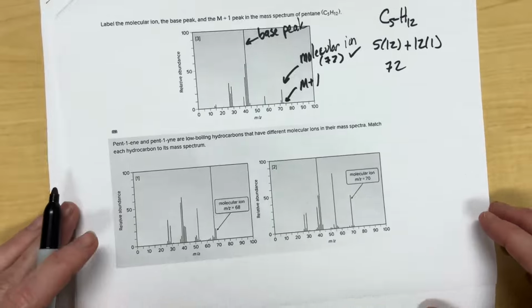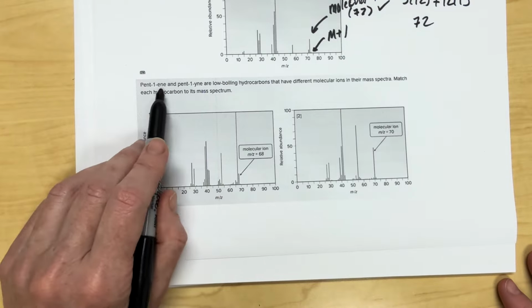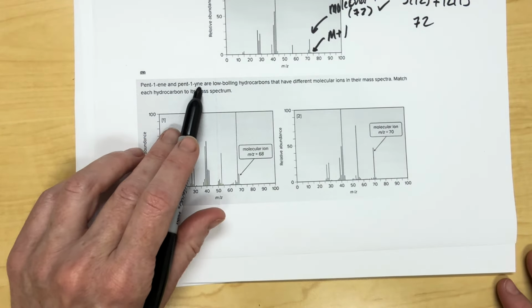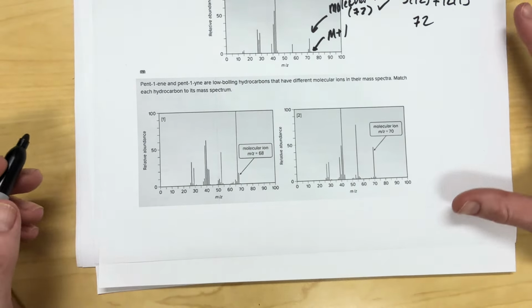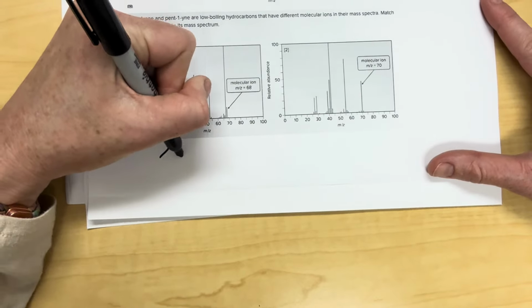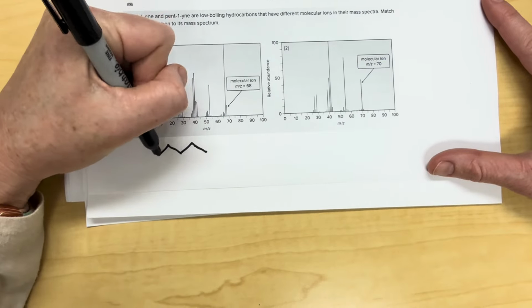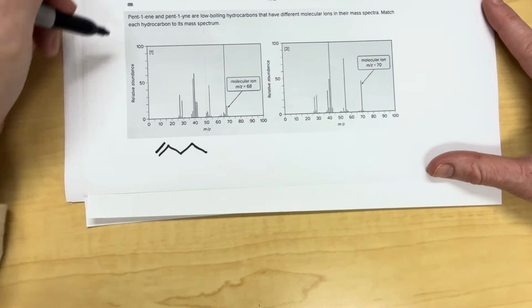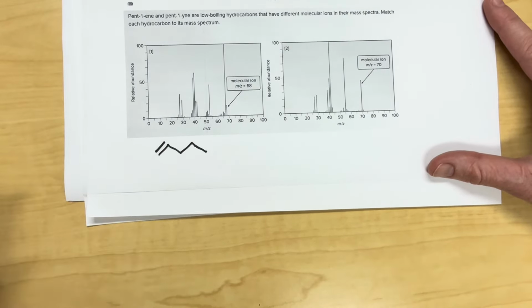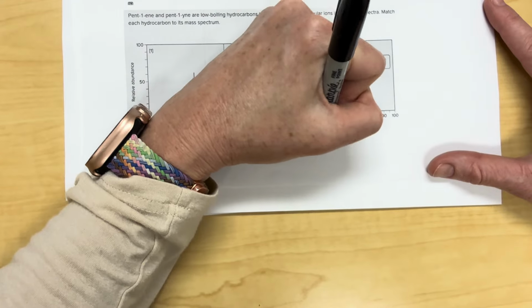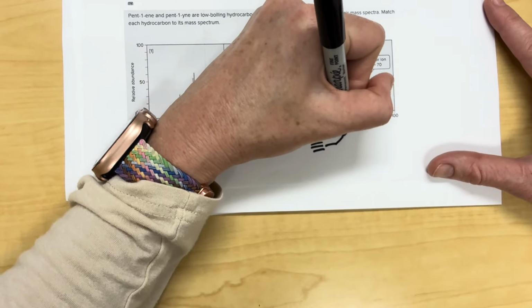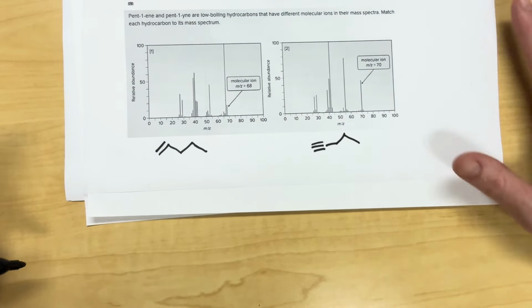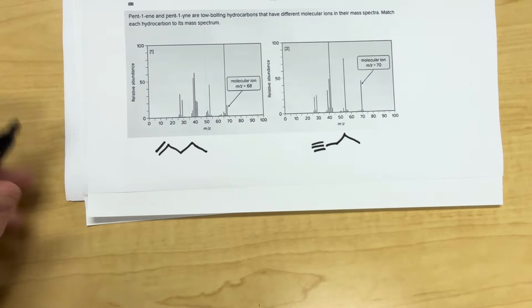Okay, let's look at these two. It said pent-1-ene and pent-1-yne. Pent-1-ene would be this with a double bond at the 1 carbon, and pent-1-yne would be a triple bond at the 1 carbon, like this.